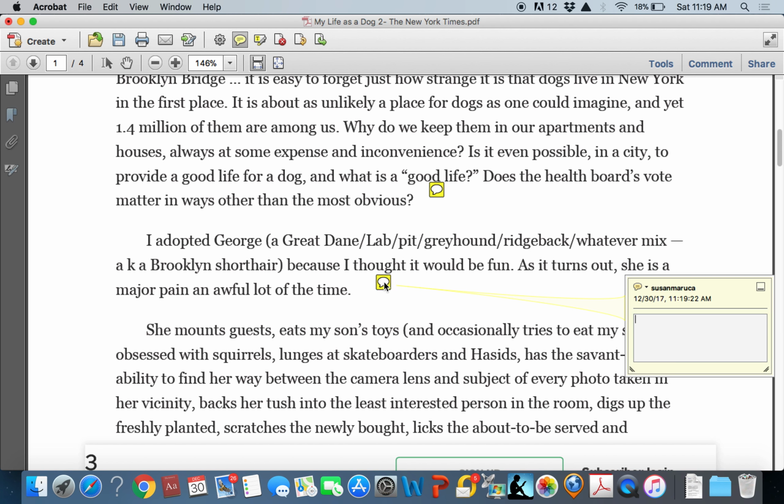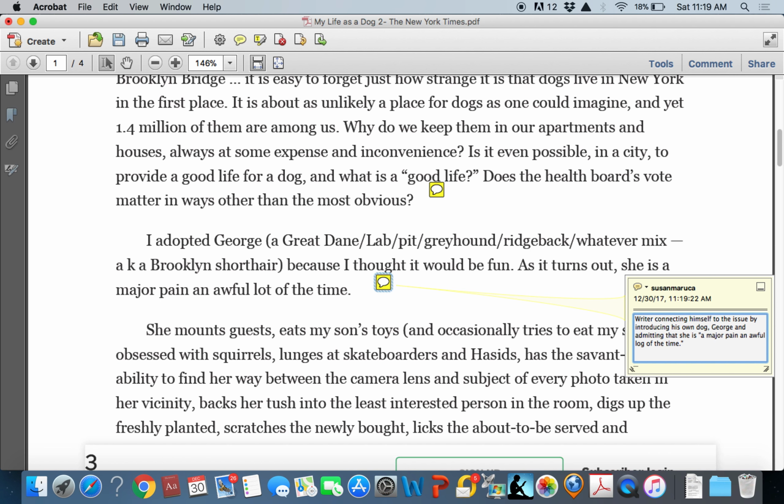So here we have the writer connecting himself to the issue by introducing his own dog, George, and admitting that she is "a major pain an awful lot of the time."